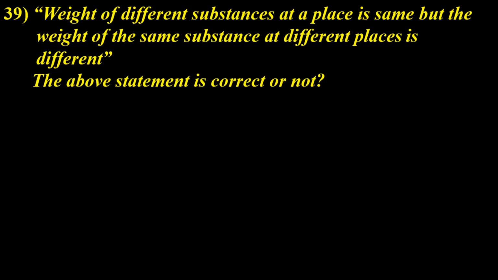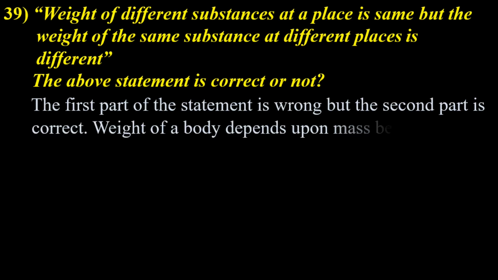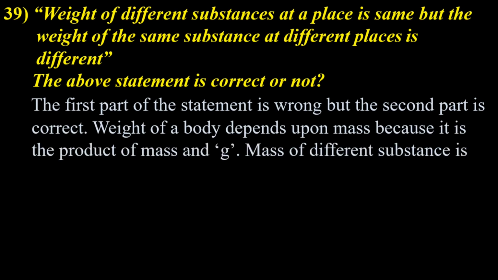Yes, it is true. Just before this question, I told you that a 10 kg mass weighs more at pole, but the same 10 kg mass weighs less at equator. Okay, we can write this way. The first part of the statement is wrong, but the second part is correct. Weight of a body depends upon mass because it is the product of mass and g.